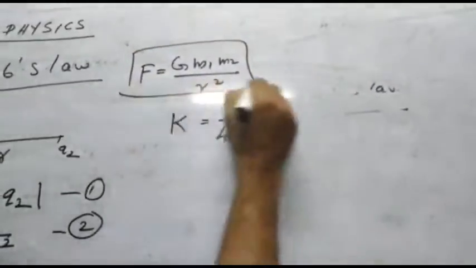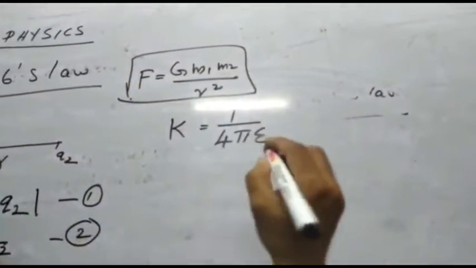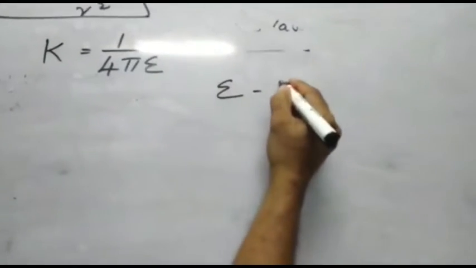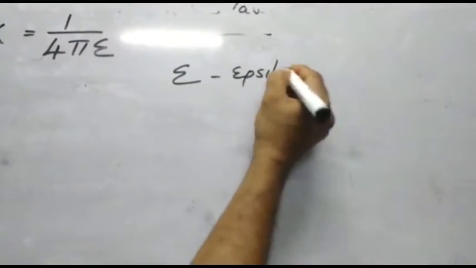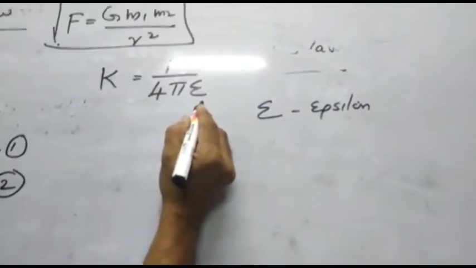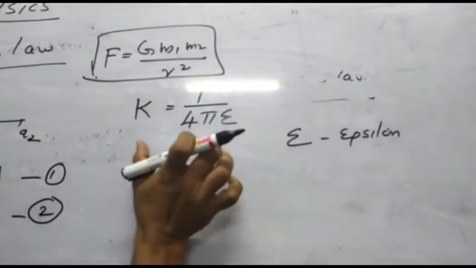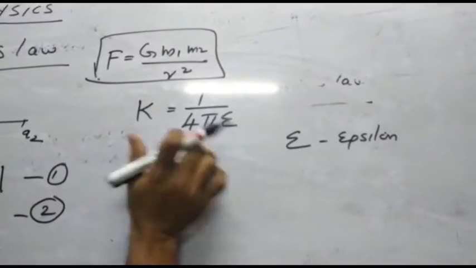This is known as epsilon. So, K equal to 1 by 4 pi epsilon. This expression is valid when the charges are placed in any medium.